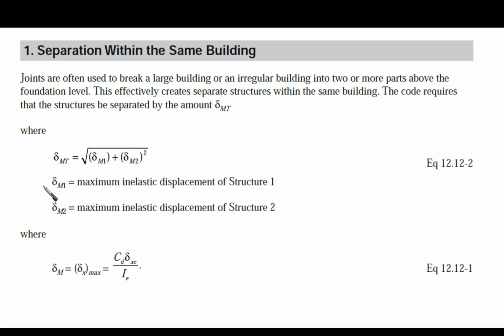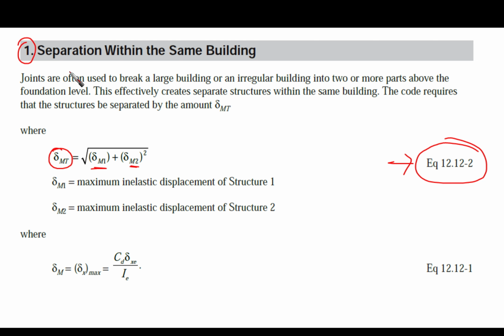Let's go. The first one is the separation within the same building. We are going to work with the equation given by section 12.12.3, which is equation 12.12-2, the square root of the sum of squares.